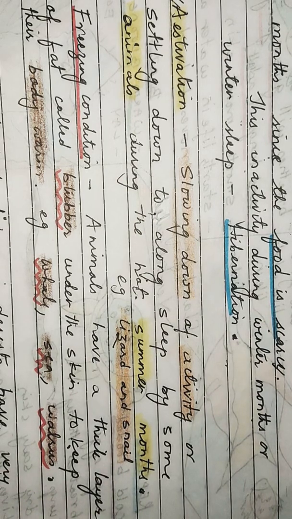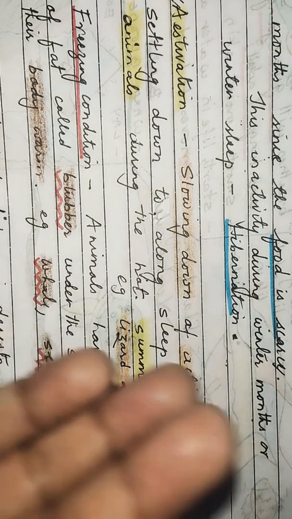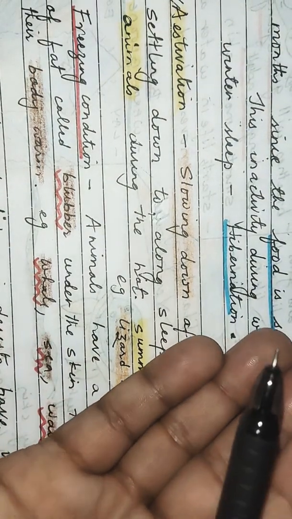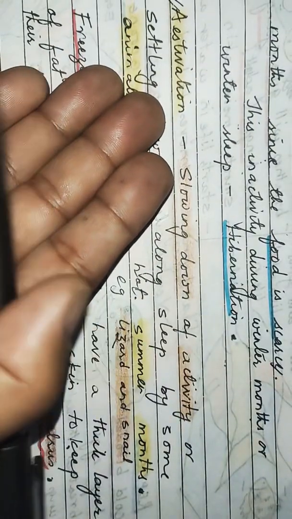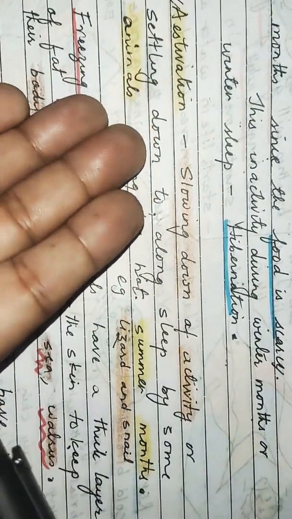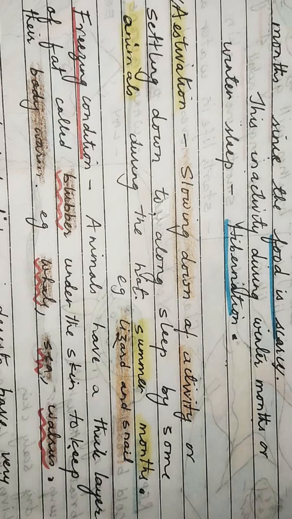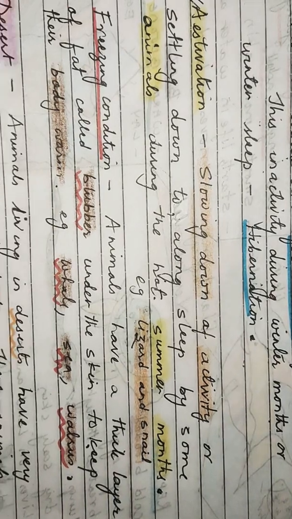So they are inactive during the summer season. First we have hibernation, where animals are inactive during the cold season, and over here, animals which are inactive during the hot summer season. Examples will be lizard and snail.